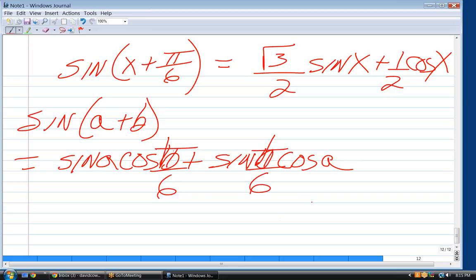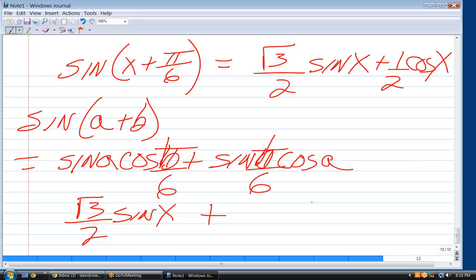Well, what's the cosine of 30 degrees? Root 3 over 2. So that's where they get the root 3 over 2 times the sine of x. And the second part, what's the sine of 30 degrees, or sine of pi over 6? 1/2.